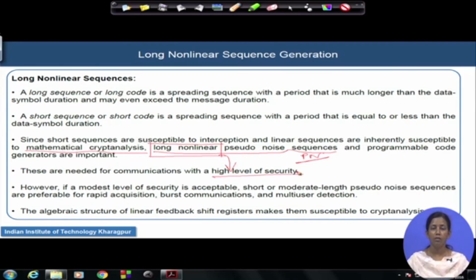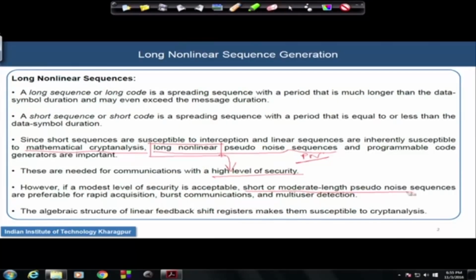Now it is the designer's choice, based on the level and priority of security demanded in the system design, how we will choose and compromise between the length of the sequence and the nonlinearity involved in the design.